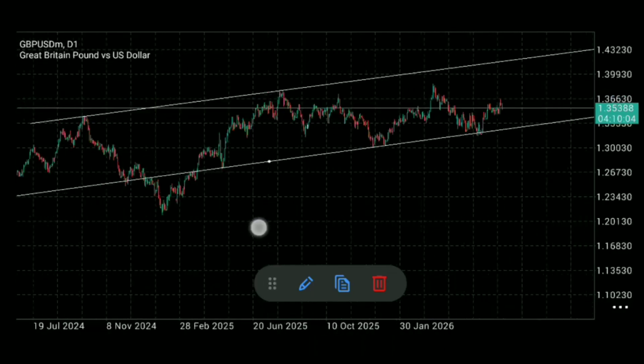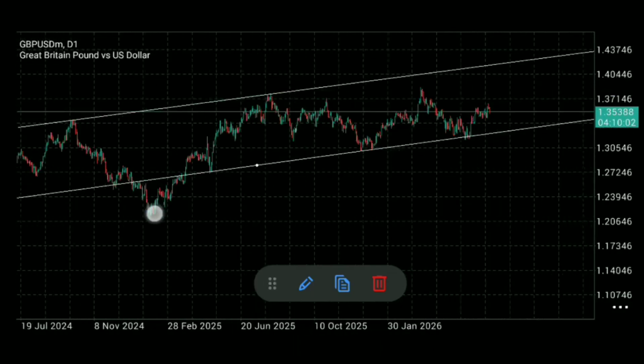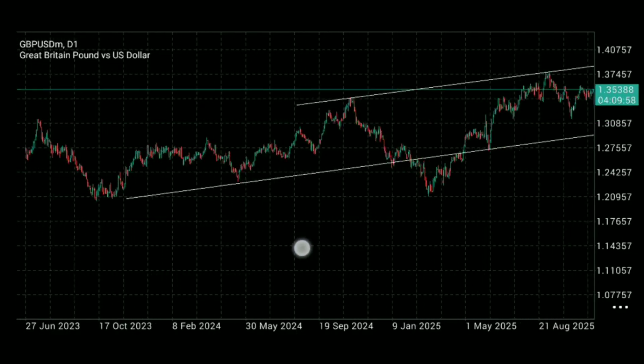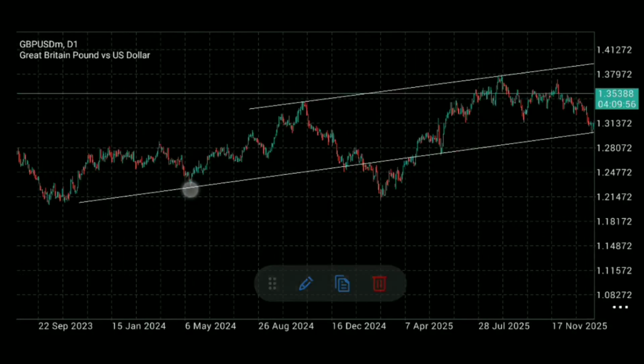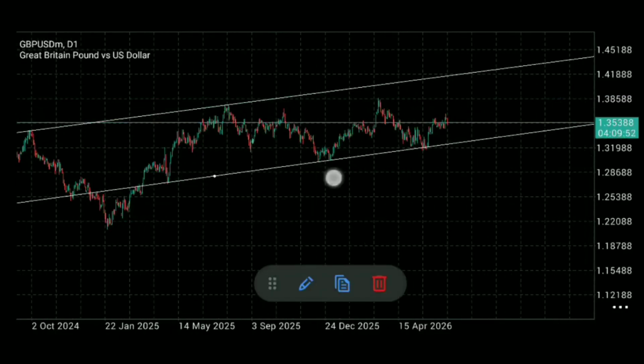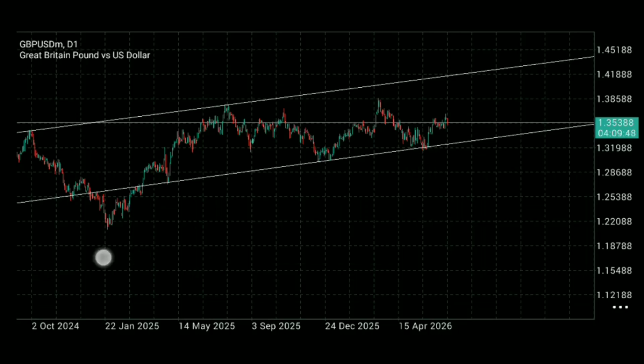I'm looking for more probabilities, because if I put it here, it's going to give me less probability. So in Forex trading, we need more probabilities, whereby you touch here one, here two, and here three. So it's going to give us more probability here.